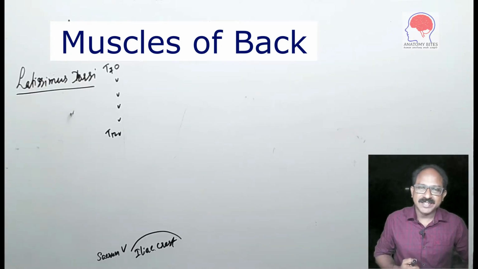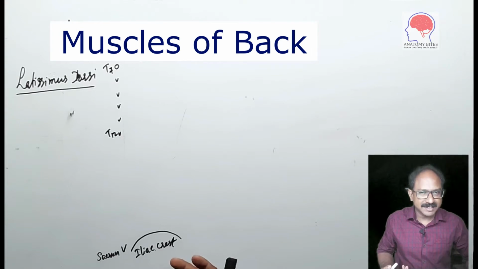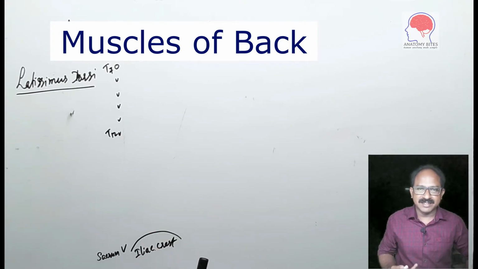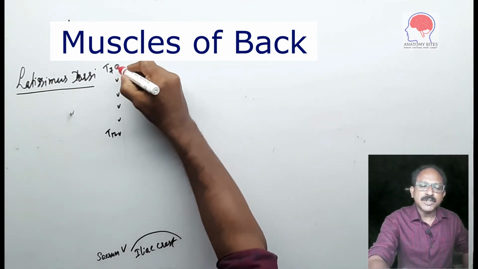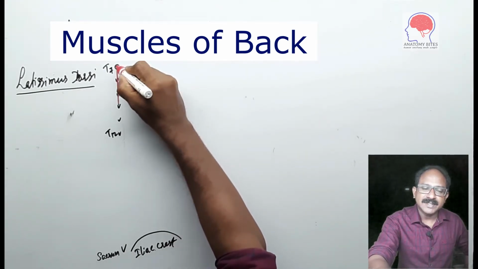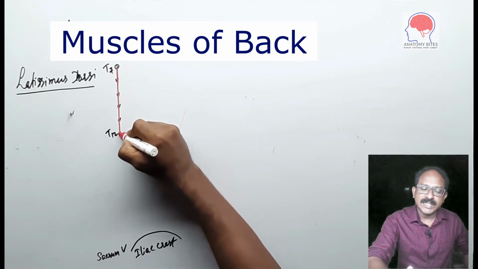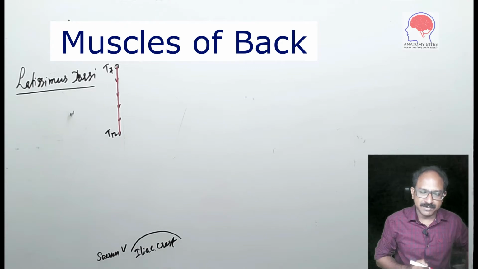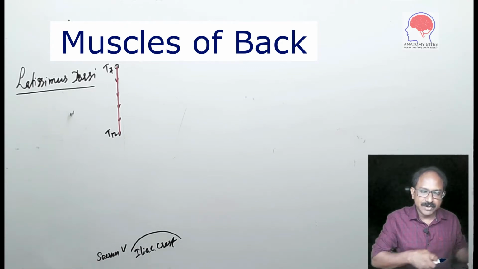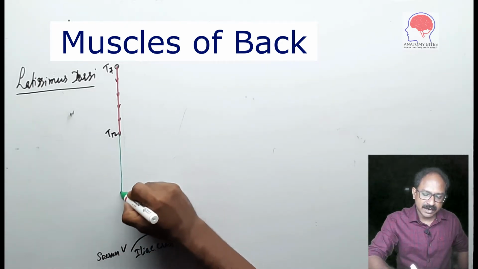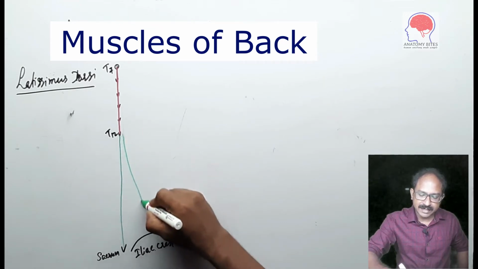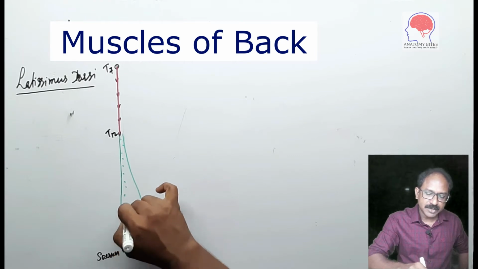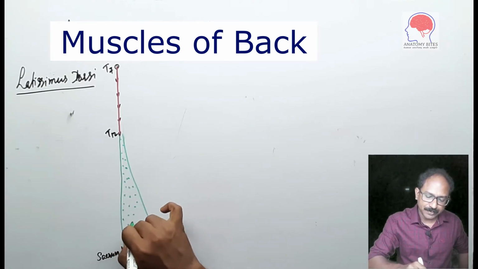About the latissimus dorsi. The latissimus dorsi is a very flat muscle and has a very broad origin from the lower part of the thoracic and lumbar region. The fibers arise from T7 to T12 vertebrae and indirectly from all the lumbar vertebrae, but in the lumbar region the fibers do not arise directly. Instead, they arise from a deep fascia named the thoracolumbar fascia.